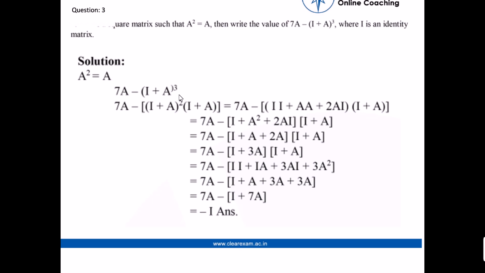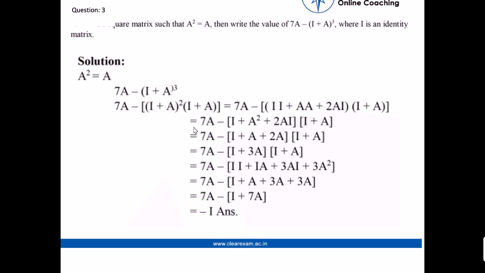We just simply separate this, and we can write this equal to 7A matrix minus (I into I plus A into A plus 2A into I) into (I plus A). We just simply open the bracket.